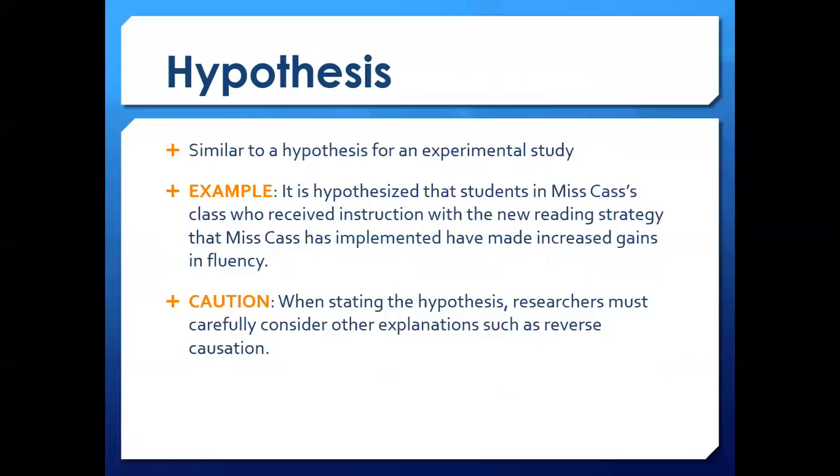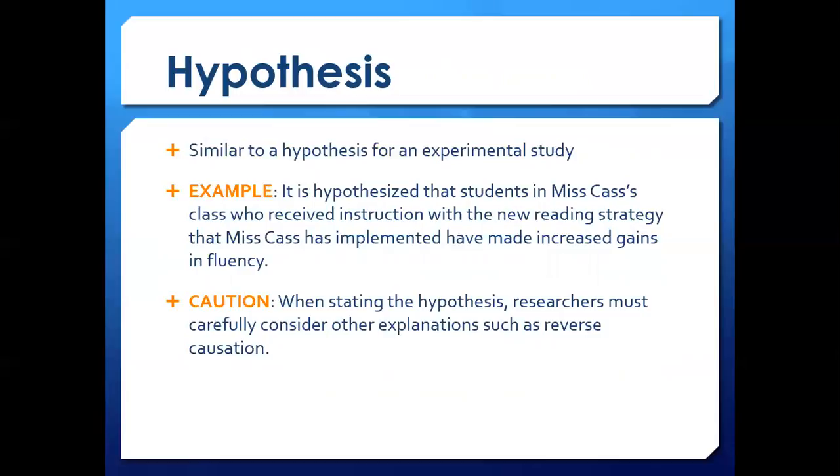Due to the nature of a causal comparative study, since you can't really set up the study exactly how you want, since there are pre-existing groups, you need to make sure that there's no other reason that you're getting the data you're getting. One of the other explanations could be reverse causation. Here's an example.